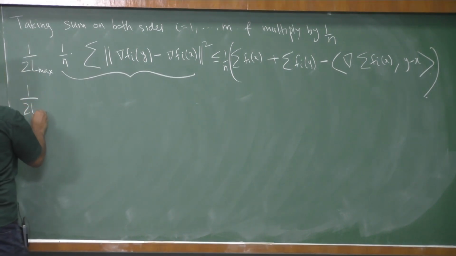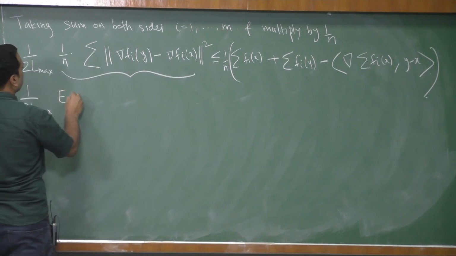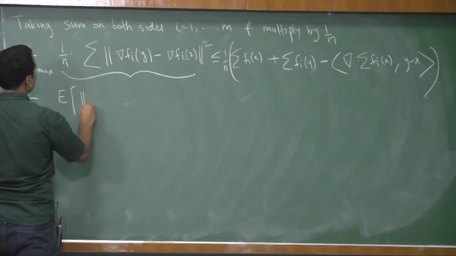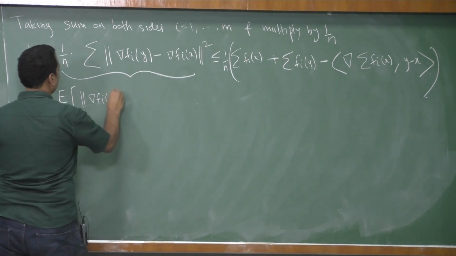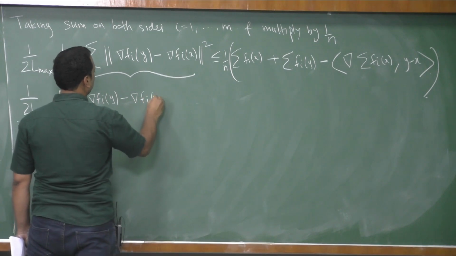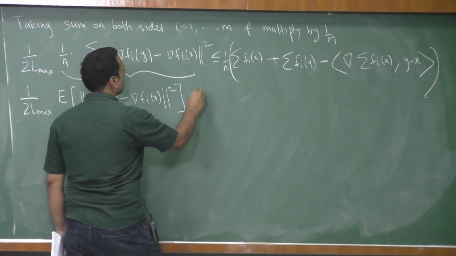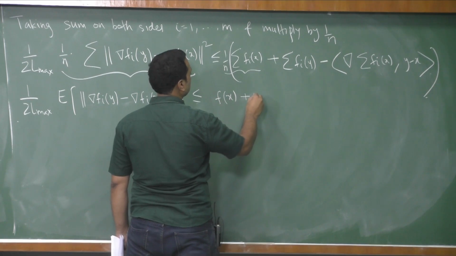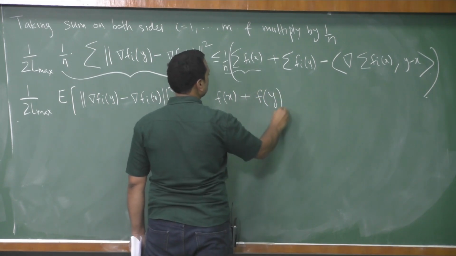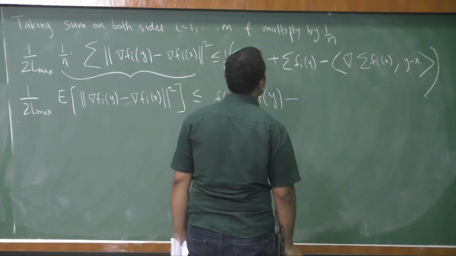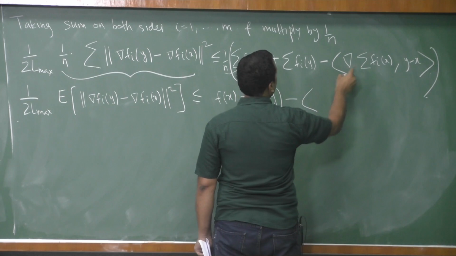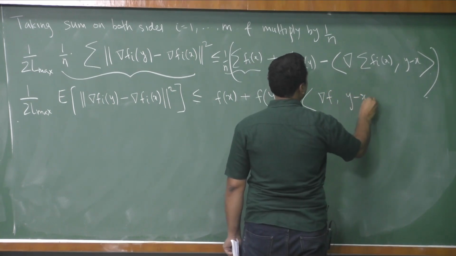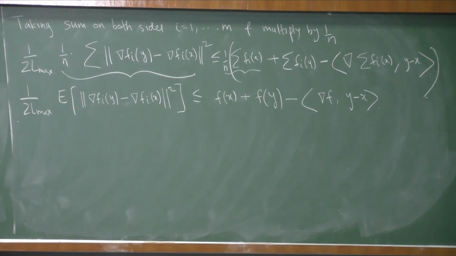So 2L max, expectation of grad Fi y minus grad Fi x squared, and this is less than equal to, now these guys are f, this becomes f, so grad f minus, okay, this is what we were supposed to prove, right?